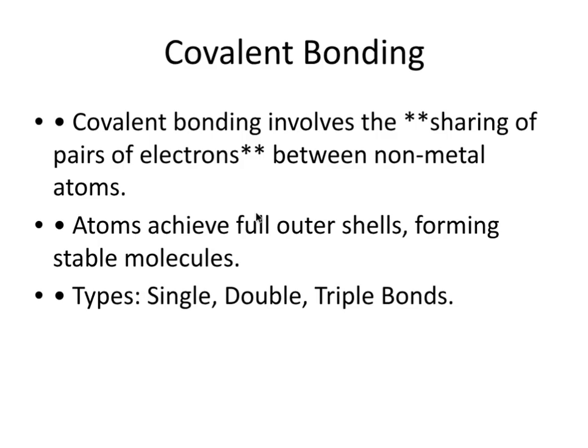Types: single, double, triple bonds. So when atoms react through covalent bonding, they form a single bond, or depending on the type of atom, they could also form a double bond, and they could also form a triple bond as well.